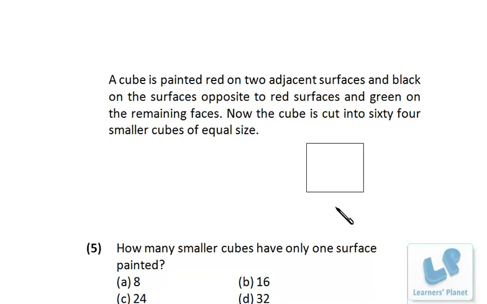So I take these 2 adjacent surfaces as red, then black on surfaces opposite to red, so this is black, and green on the remaining. So this is green and bottom is also green. Okay, now once again 64 smaller cubes will be there.